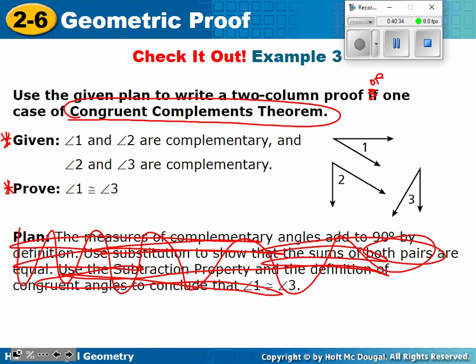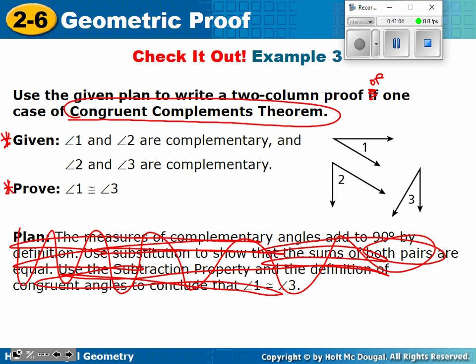So you go back to your given. Angles 2 and 3 are complementary. And number 3, that was given. Again, those could have been in the same step number 1. If 2 and 3 are complementary, what do you now know? Very good. Measure of angle 2 plus measure of angle 3 equals 90.